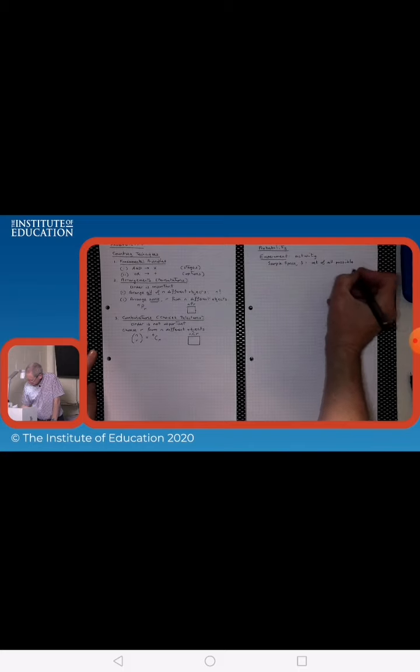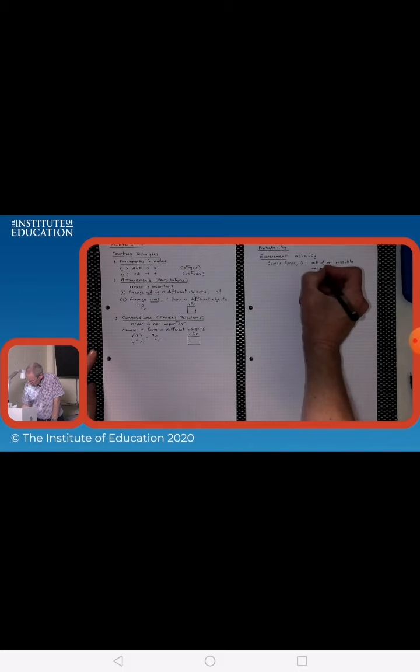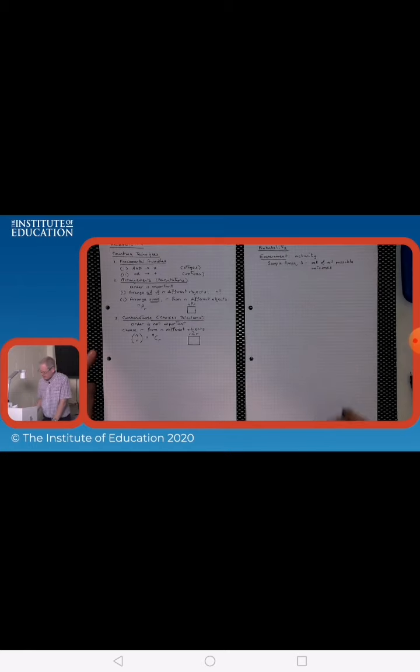I'll give you an example. Suppose that we throw a die, an ordinary six-sided die. The sample space then consists of the whole numbers 1, 2, 3, 4, 5, and 6. They are the numbers that we could possibly get when we perform that experiment.